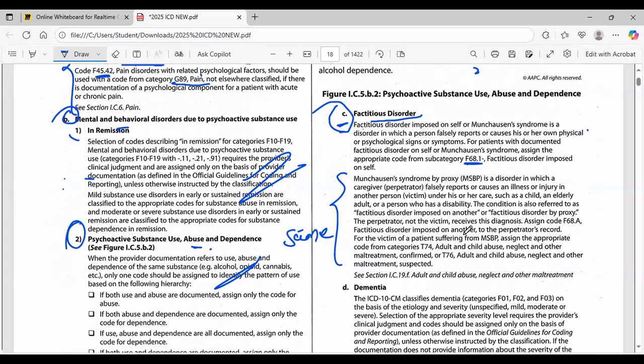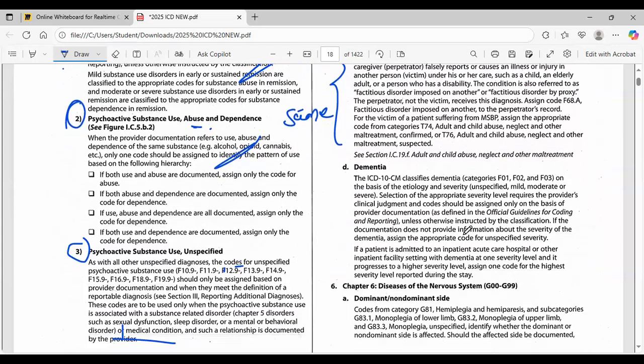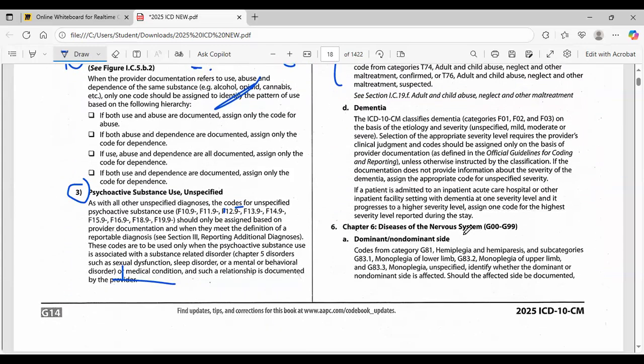Next we have dementia. Our dementia codes vary based on the severity of the dementia, whether it's mild, moderate, or severe.